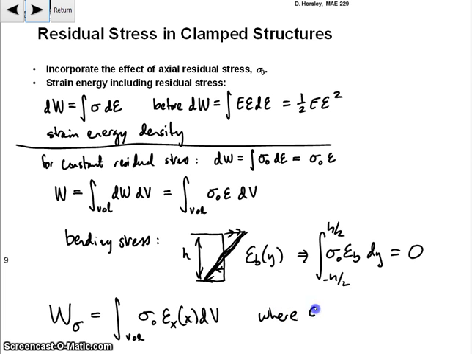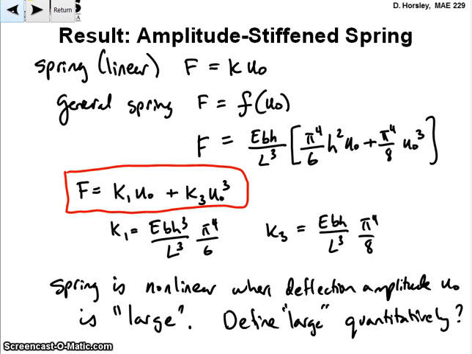So epsilon sub x of x is 1/2 d squared u dx squared. Okay? So the bending part is equal to 0, and all we have to do is evaluate the product of sigma naught times this guy. Fortunately, I did that in MathCAD.